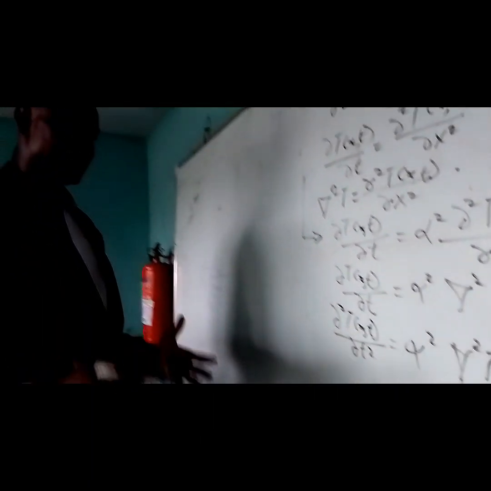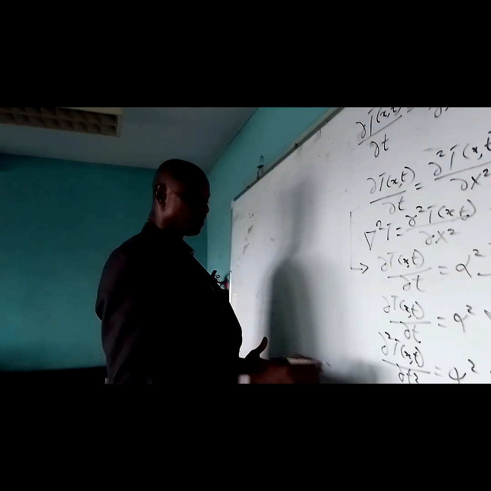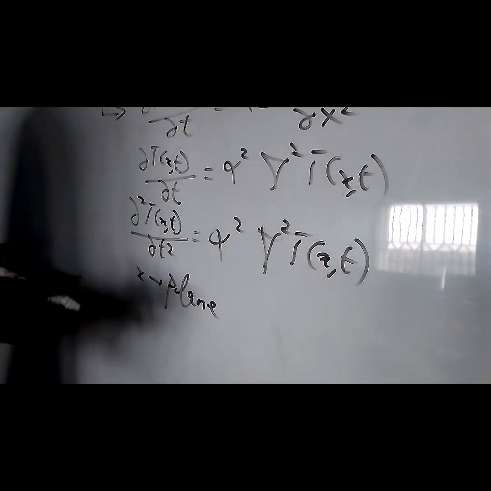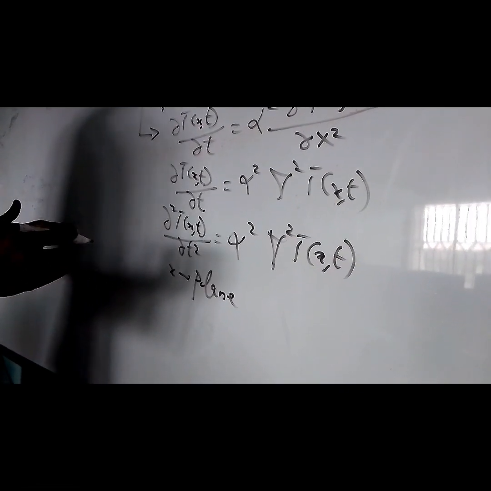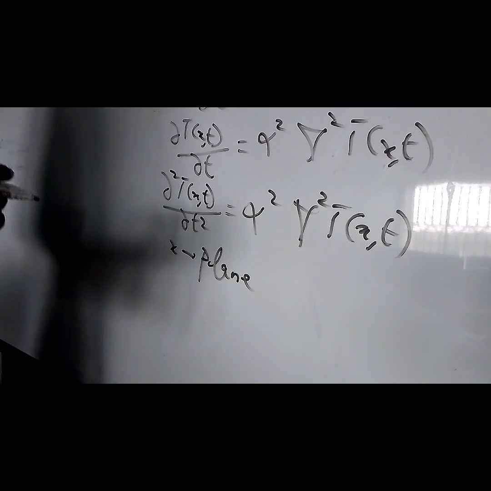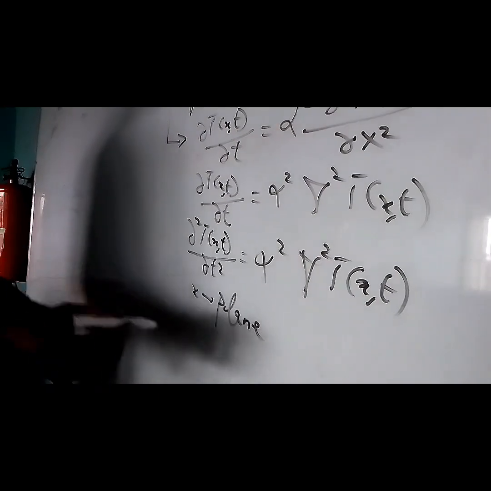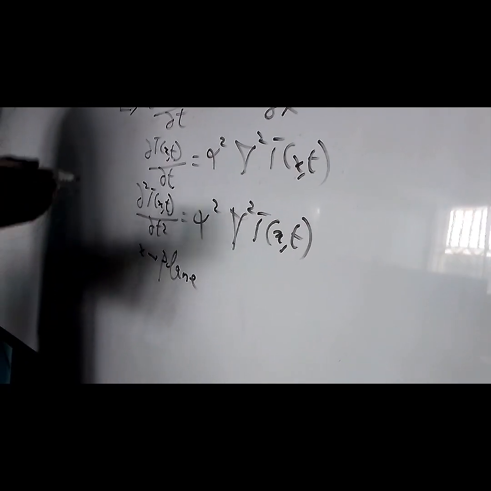Note that this is for a one-dimensional plane, that is the x-plane. The x-plane for functions of several variables is a one-dimensional plane system. Of course, this one-dimensional system can go beyond to give diverse planes.